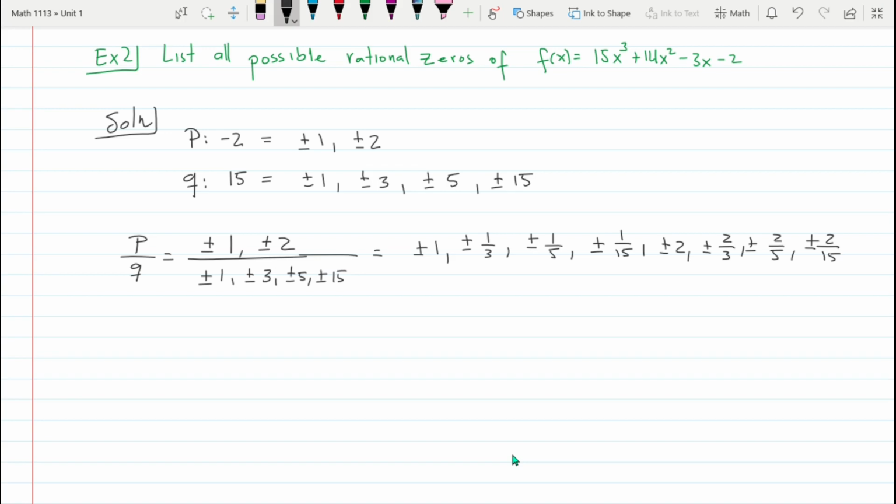Well, I lie. There's 16 of them because it's the plus or minus version, right? You have positive 1, negative 1, positive 1/3, negative 1/3, and so on. So these are the possible rational zeros, right? Hopefully this makes sense and it's a good example as to how to find all of the possible rational zeros.